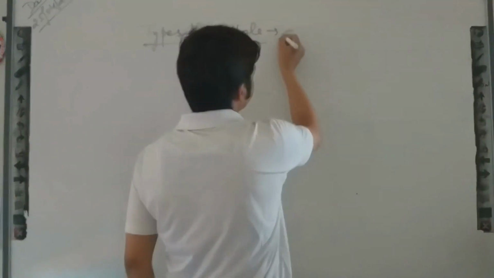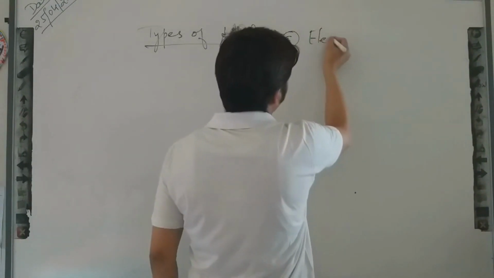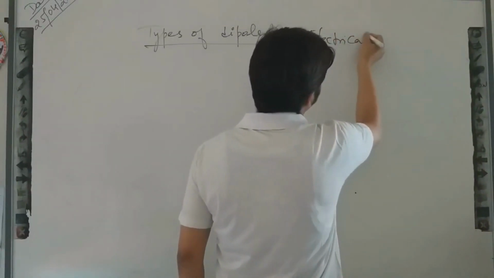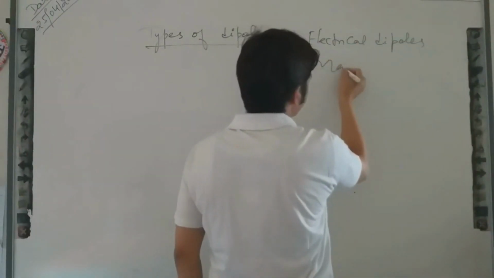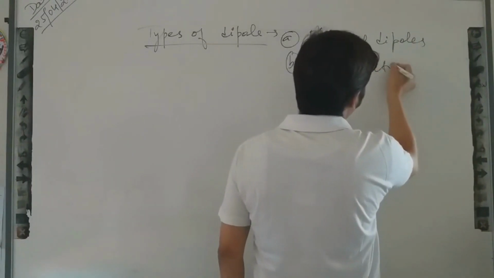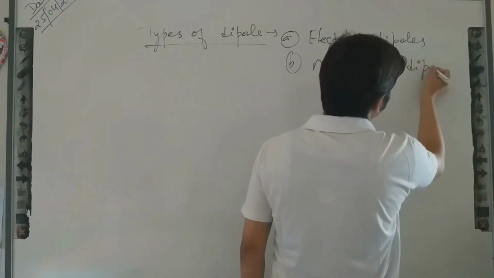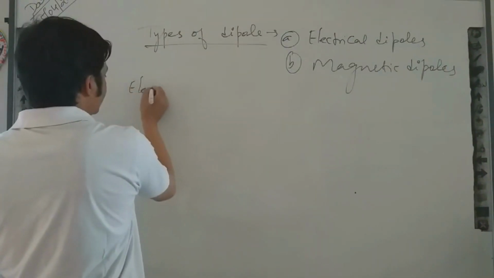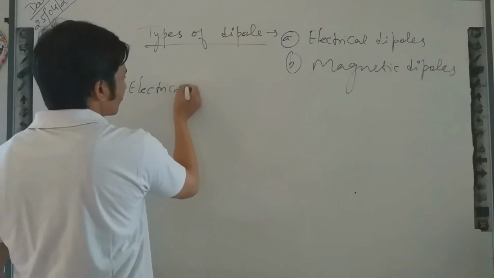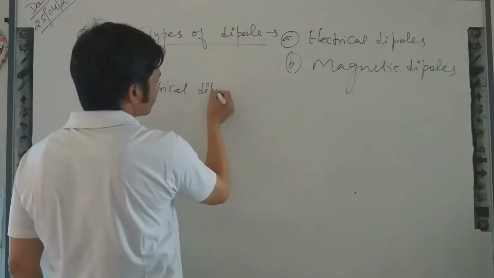These are the electrical dipole and the second one is the magnetic dipole. So what are electrical dipoles?